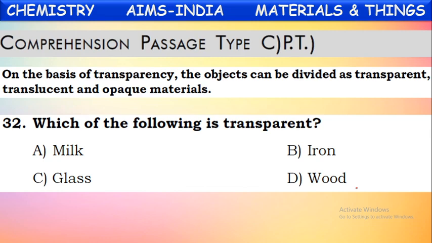Through which of these materials can we see clearly? Glass. So glass is a transparent material. Transparent material means the material through which we can see objects is called transparent material. So through glass we can see, so glass is a transparent material.